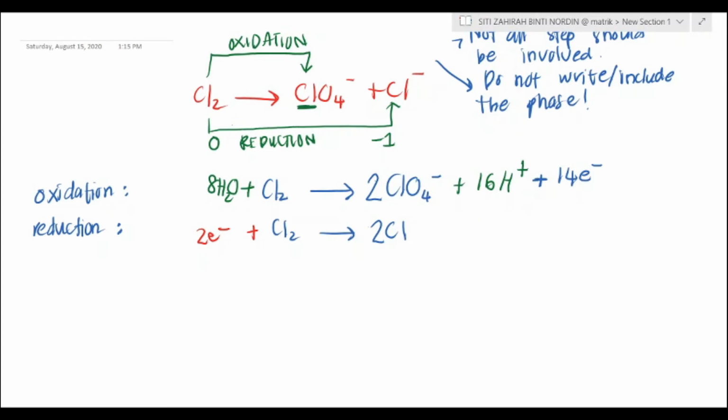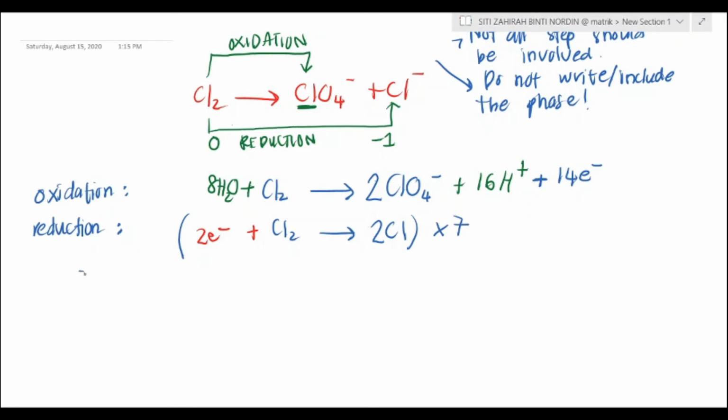So we have 14 electrons for oxidation and 2 electrons for reduction. So we need to cancel off both electrons. The reduction half equation must be multiplied by 7.